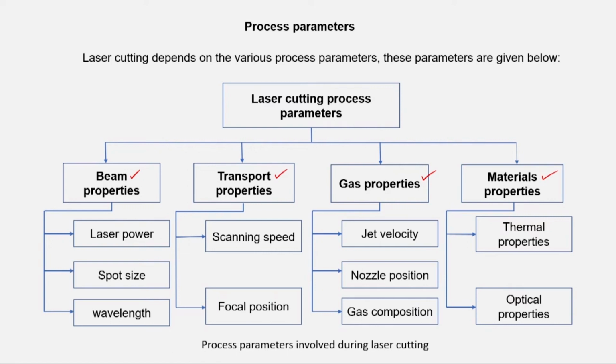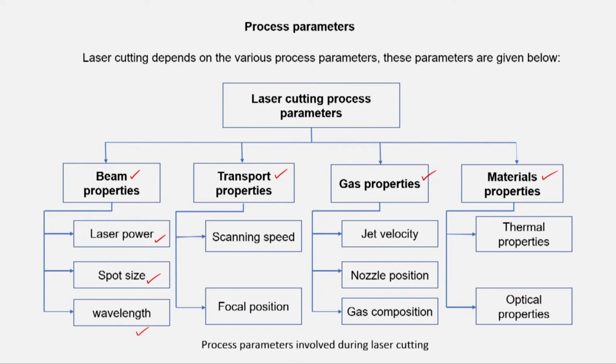What are the various beam properties? Laser power, spot size, and wavelength of the laser. Laser power, in watts, is the power we apply during the lasing action. Spot size is the diameter or size of the spot at the surface where the laser is applied. And the wavelength of the laser.